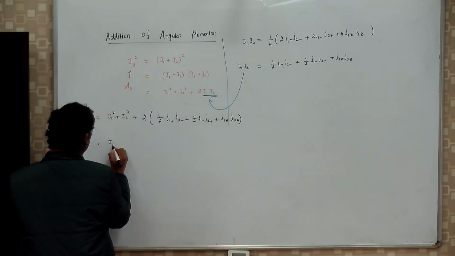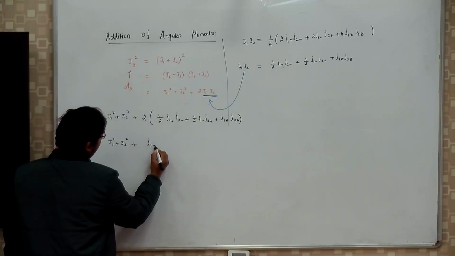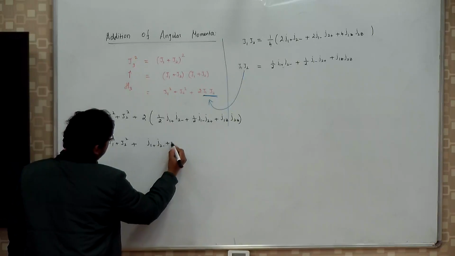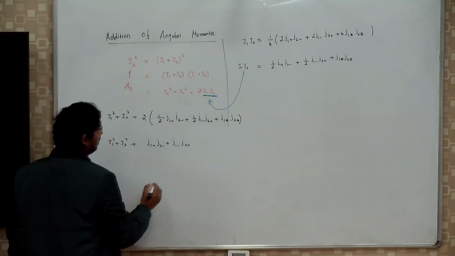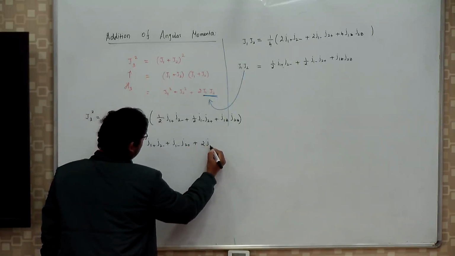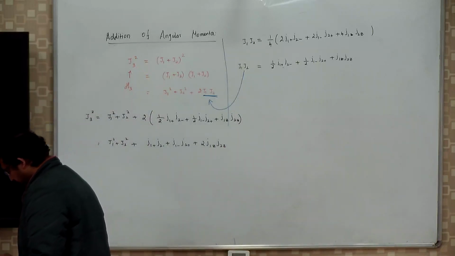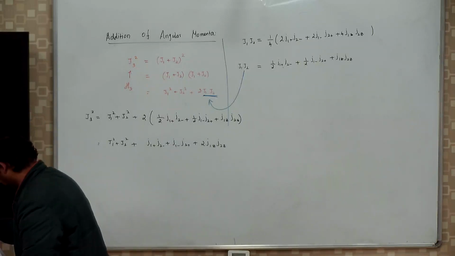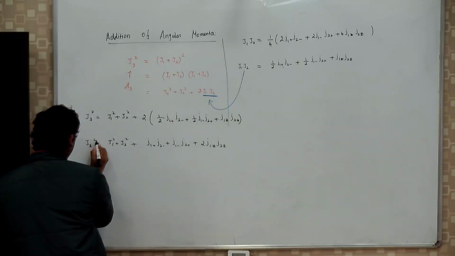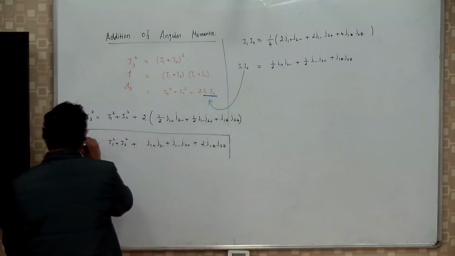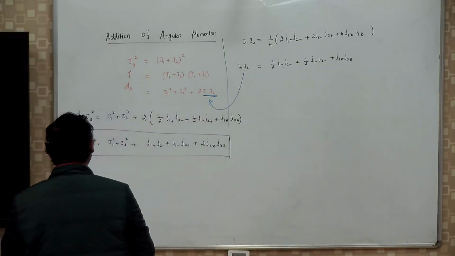Again we can simplify: J1 squared plus J2 squared plus J1 plus J2 minus, J1 minus J2 plus, alternatively, plus 2 J1z J2z. This is actually the total angular momentum of the system, J3.